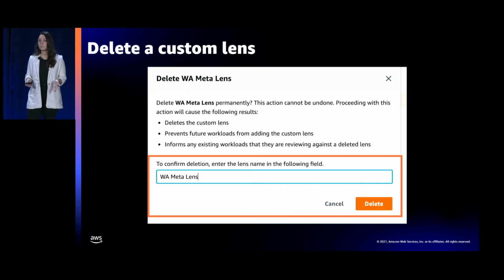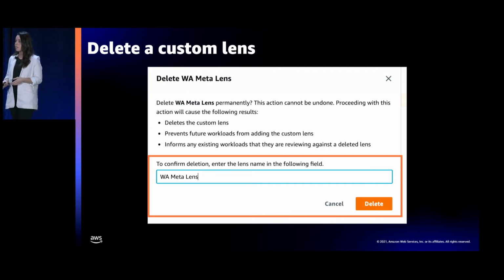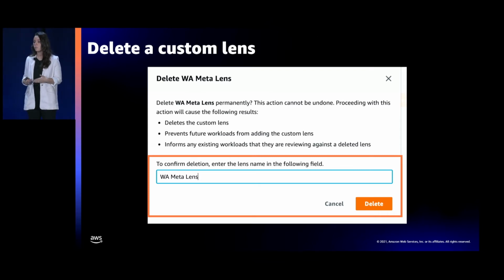If it wasn't applied to a workload, then they won't be able to start a new workload review, but since they've already started their review with that lens, they still will be able to access it. They will see a notification saying that the author has decided to delete the lens so that they know that it was deleted, but they will still have access to it.